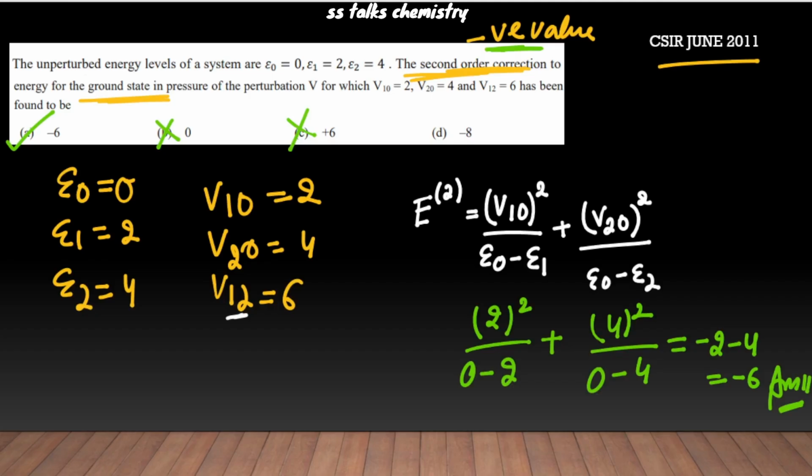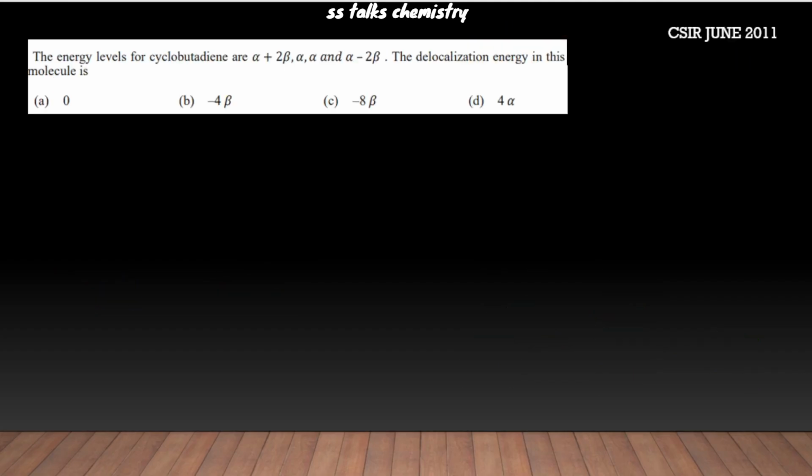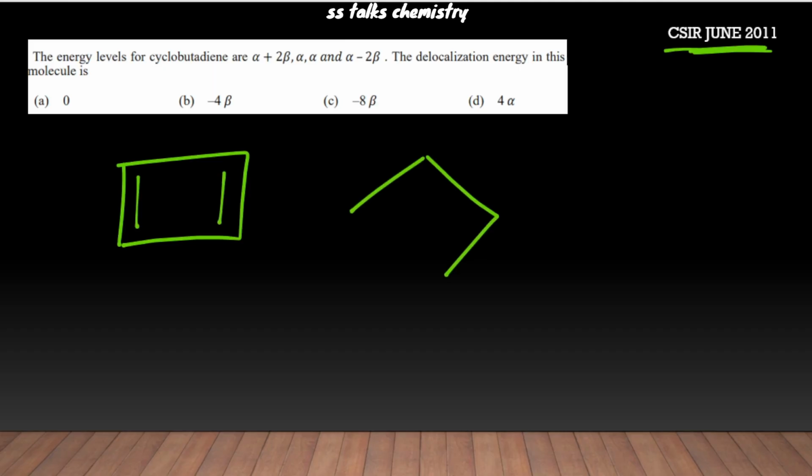Okay, next, again from the CSIR exam of June 2011. The energy levels for a cyclobutadiene molecule are alpha plus 2 beta, alpha, alpha and alpha minus 2 beta. So this is my cyclobutadiene. Now based upon the Frost circle, the energy level representation is drawn like this.